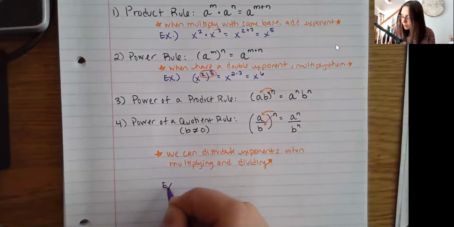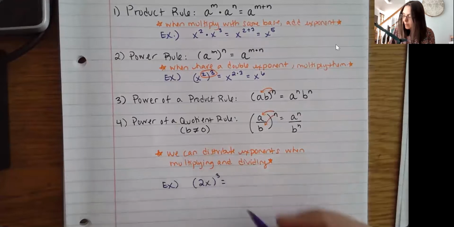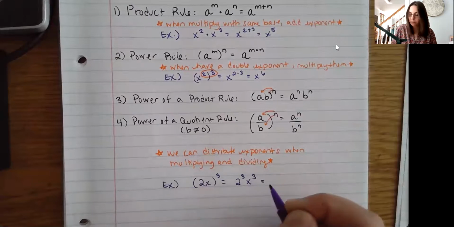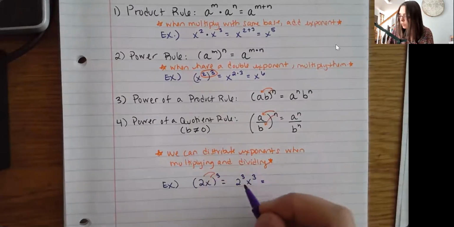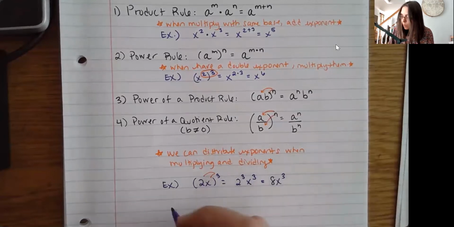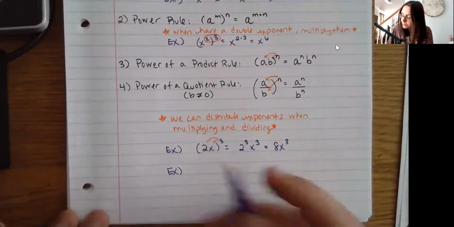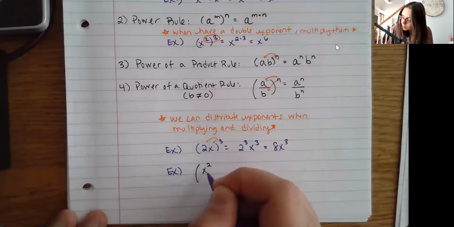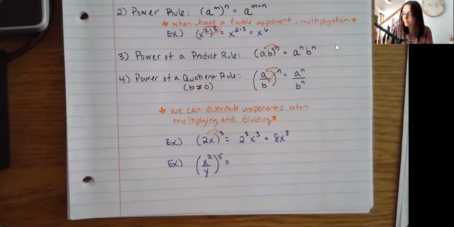So for example, let's say I have 2x to the third power. That would be 2 to the third power times x to the third power. 2 to the third power is 8, so this would be 8x cubed. Or for example, let's say I have something like x squared over y to the fifth power.